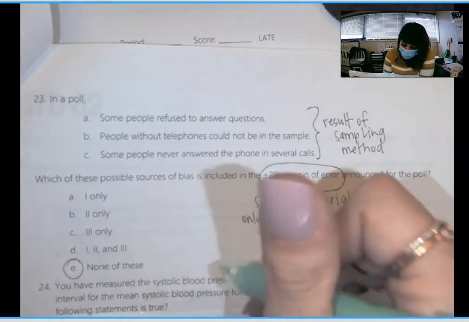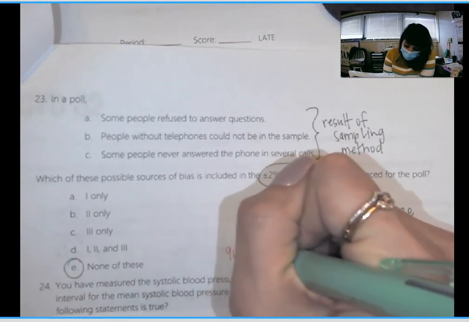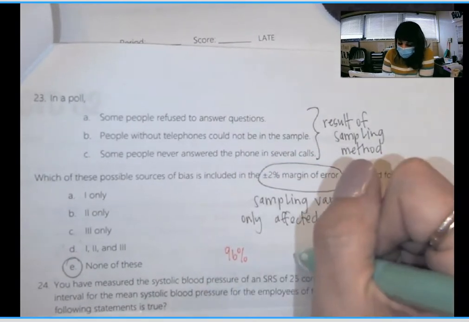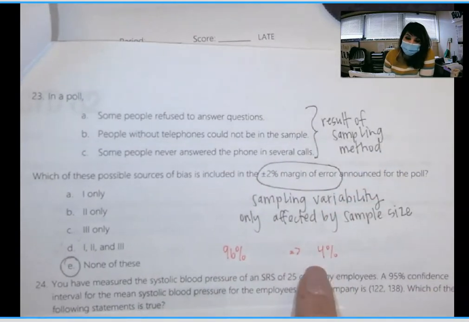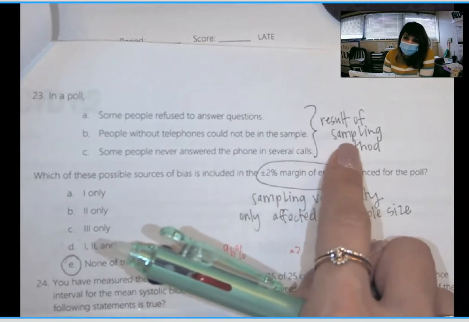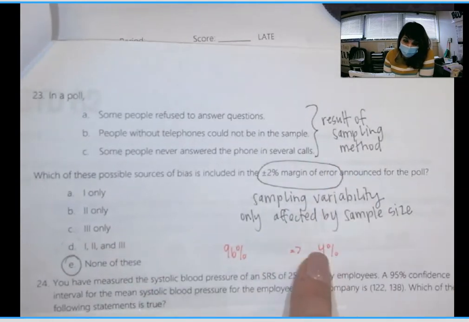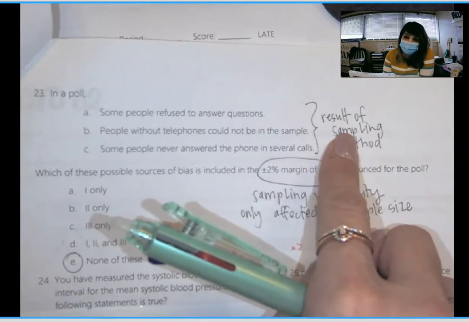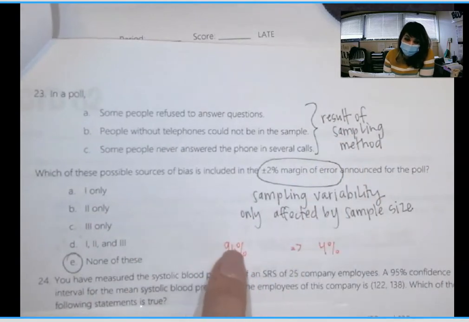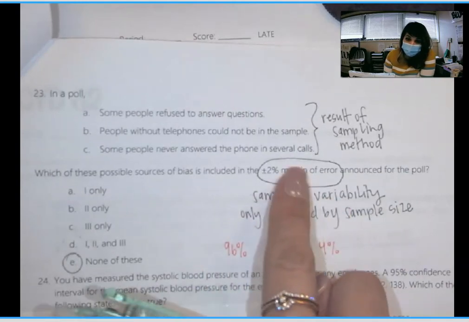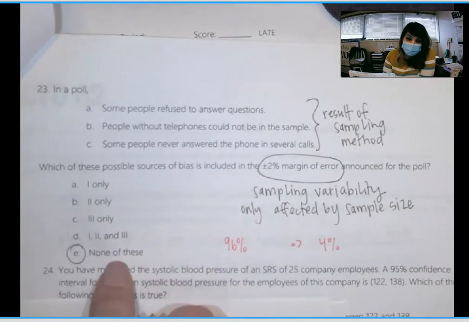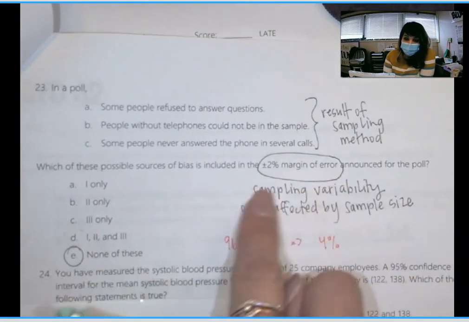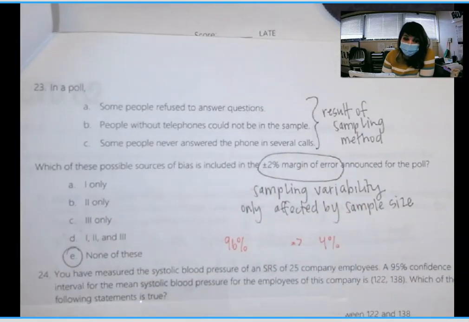So when you say you have a 96% confidence level, that means that that missing 4% is a result of these things. That missing 4 comes from your sampling method. This 96% confidence takes into account sampling variability and includes your margin of error. So none of these are in your margin of error because that has to do with sampling variability.